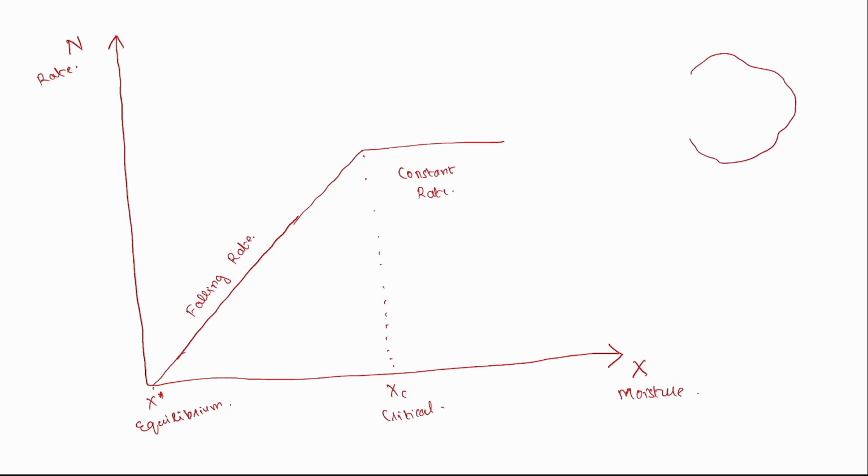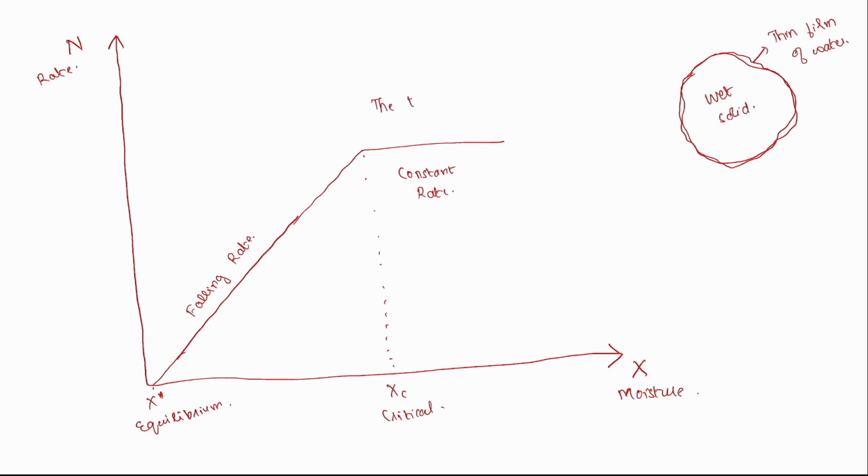So let's assume a wet solid. On a wet solid, there exists a very thin layer of moisture or water on the surface. So there is a thin film of water on the surface of the wet solid.